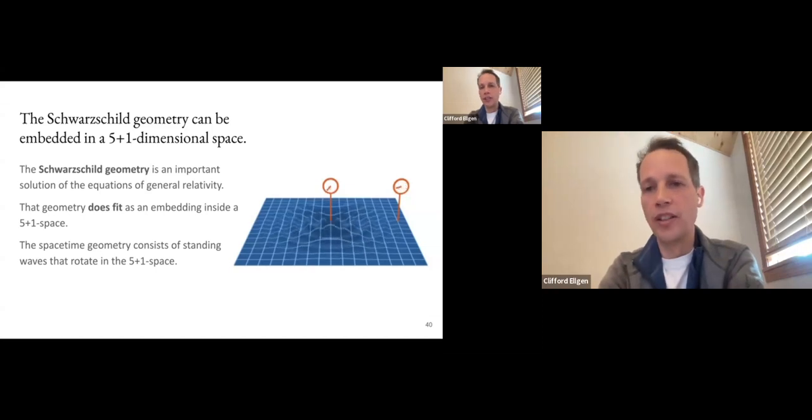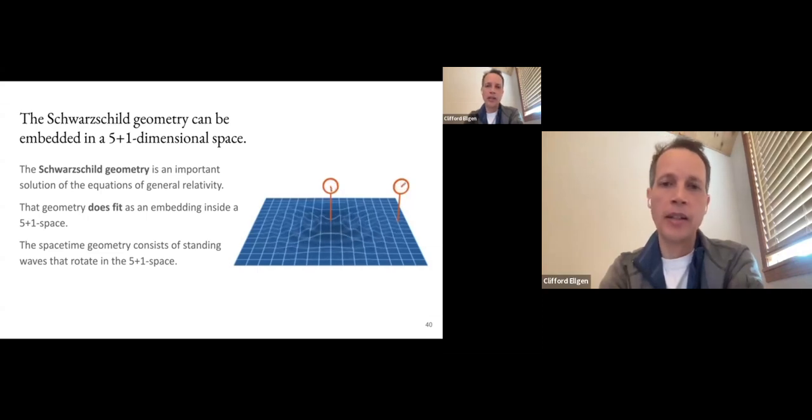The way this works as an embedding is that we have these standing waves that rotate inside of this higher dimensional space. If we pick one particular aspect of the metric to look at, we can examine the time component. If we have a clock sitting on top of the massive object, that clock also consists of fermions, of course. Those fermions are knots in the spacetime manifold. So when this spacetime manifold is rotating in this bigger space, those knots, that clock, move along with spacetime.